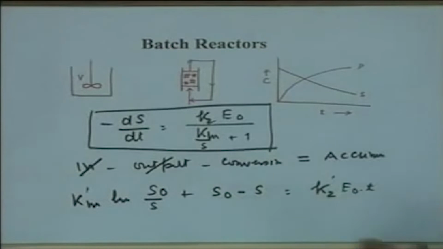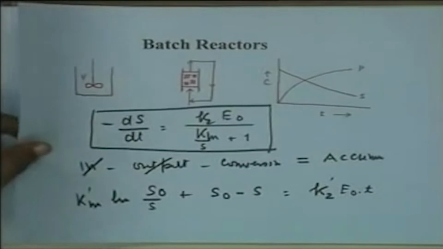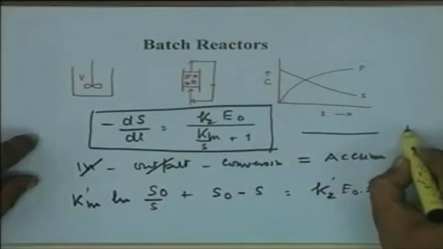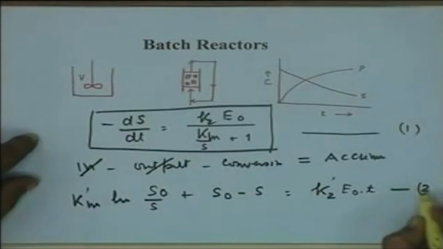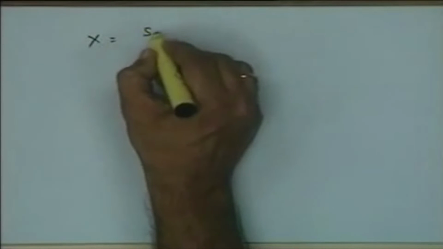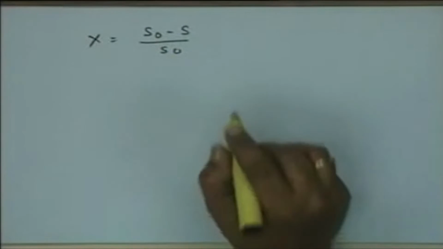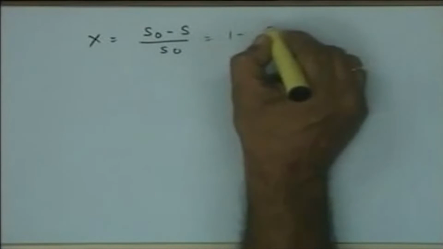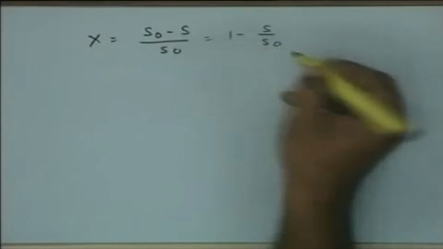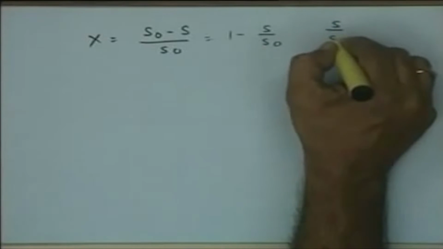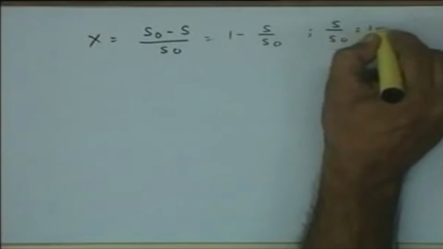Now, as I mentioned, we often describe the performance in terms of conversion. Let us say this is equation 1, and this is equation 2. If we want to describe the equation in terms of reactor performance, then x is equal to S naught minus S upon S naught, which can also be written as 1 minus S upon S naught, or S upon S naught is 1 minus x.